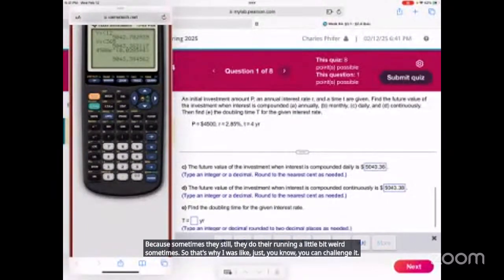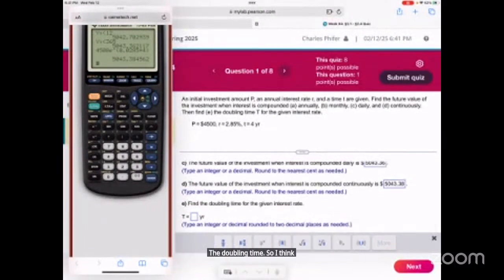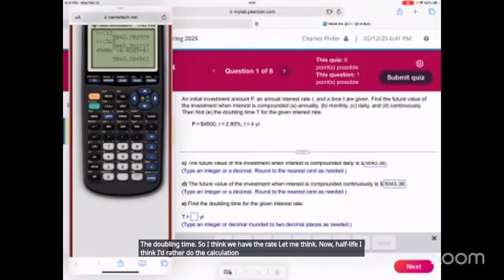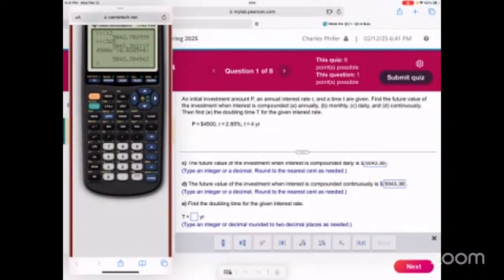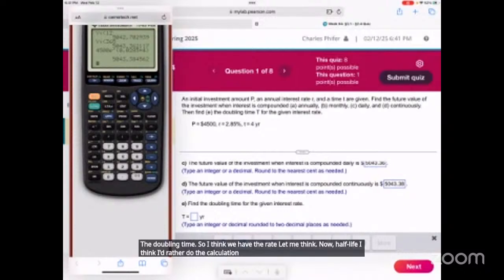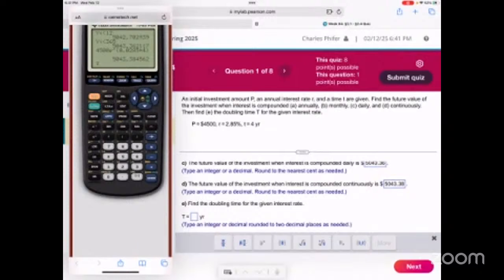The doubling time. So I think we have the rate. Let me think. Now, half-life, I think I'd rather do the calculation. I kind of want to write it out. I'm just going to do it audibly a little bit.